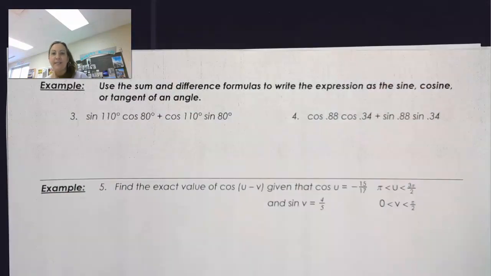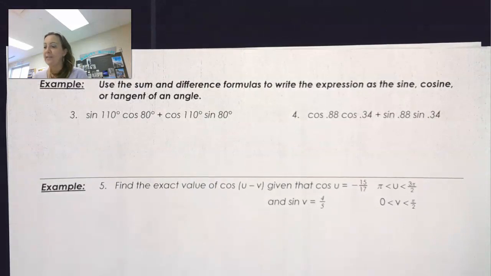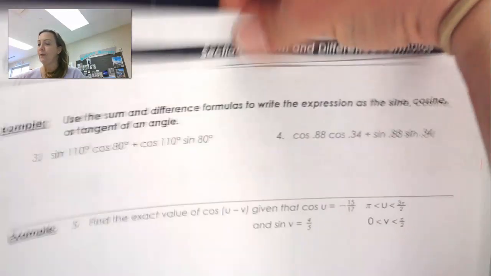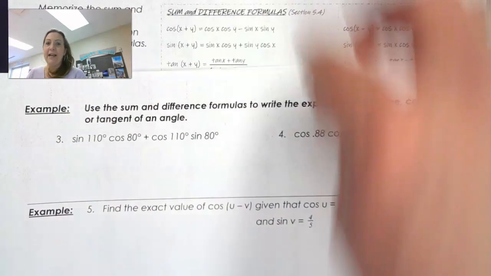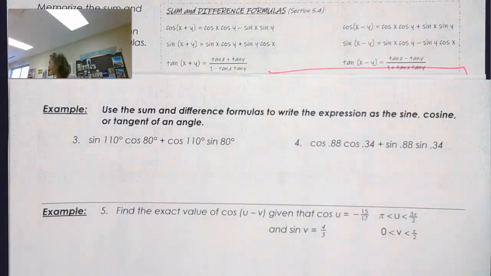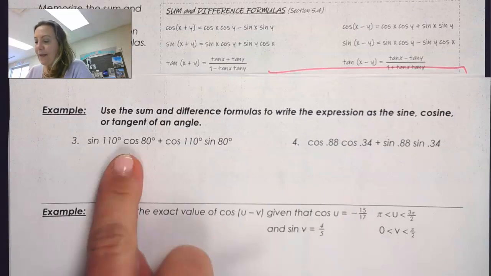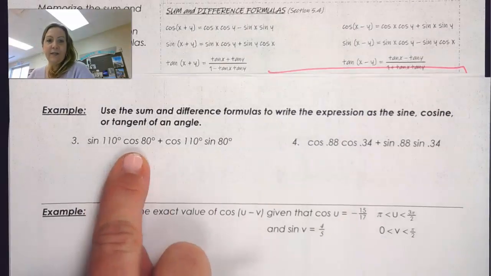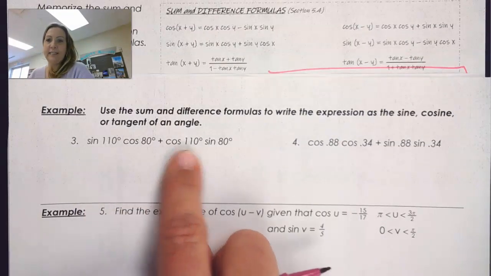Okay, so our next question says to use the sum and difference formulas to write the expression as the sine, cosine, or tangent of an angle. And what we want to do is look back on these formulas and basically work backwards and try to match what the best one is going to be. So if I look here, I see sine cosine plus cosine sine.